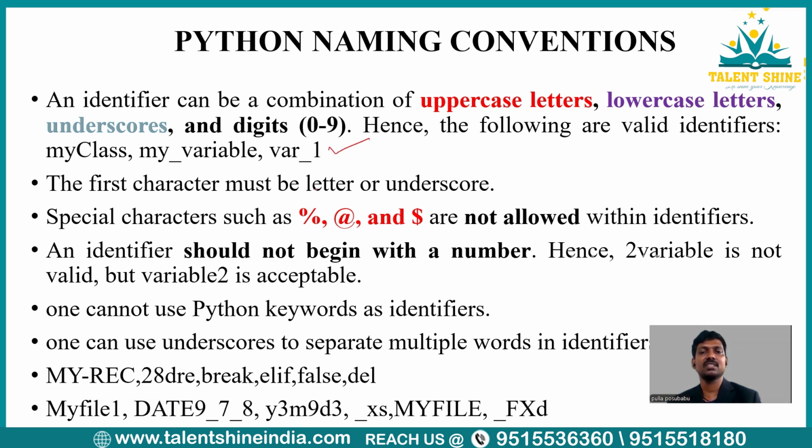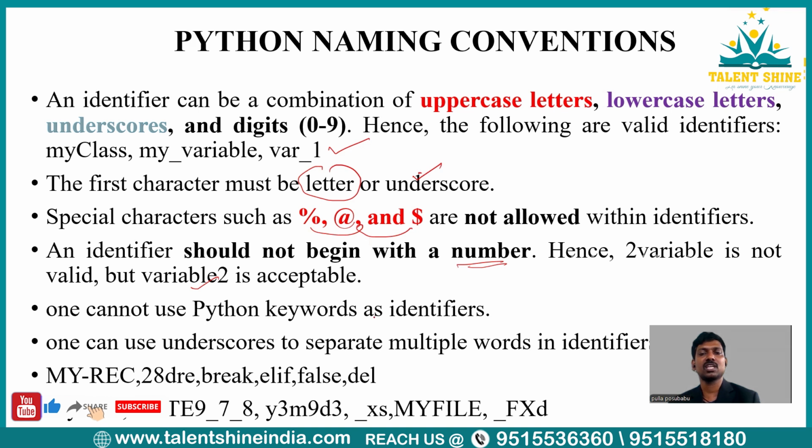The first character must be a letter or underscore, but it cannot start with a number, which I have presented here. An identifier should not begin with a number. Hence, 2variable is not valid, but variable2 is acceptable. And you are not supposed to use any other symbols. You have to use only underscore.